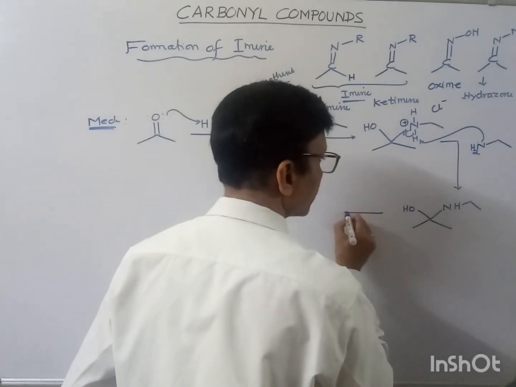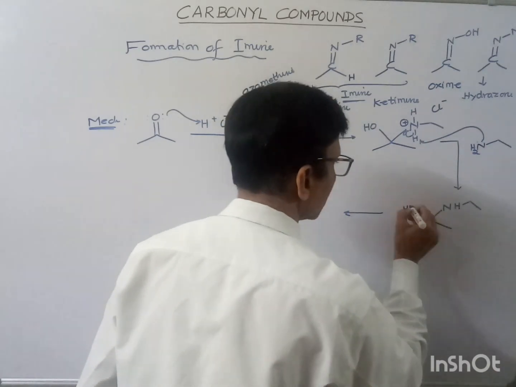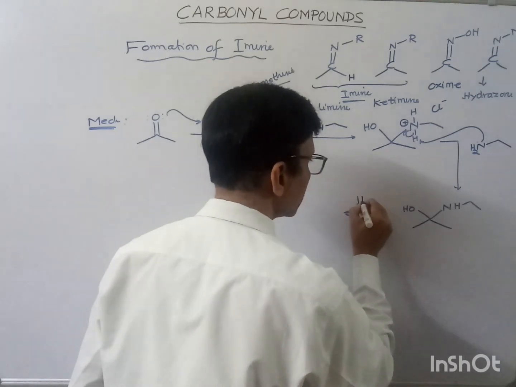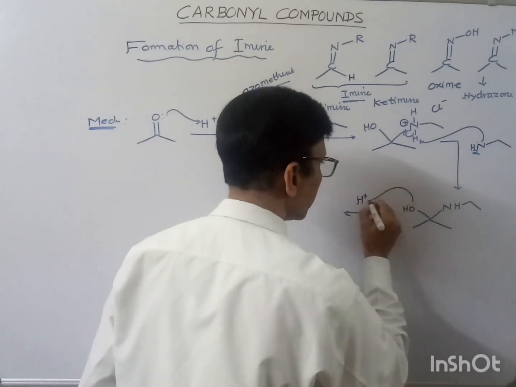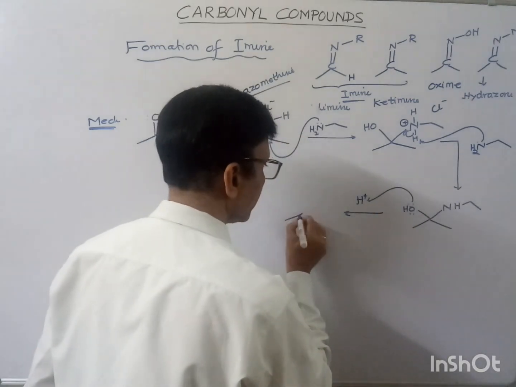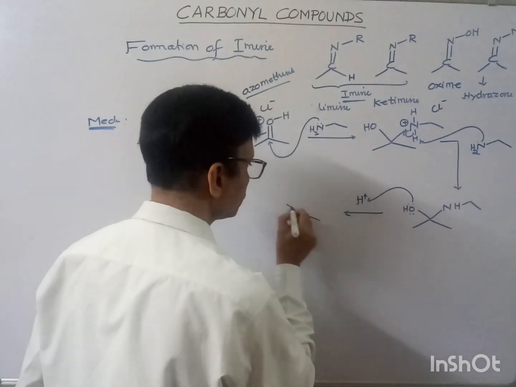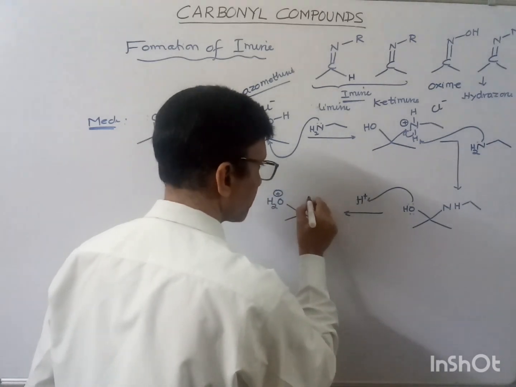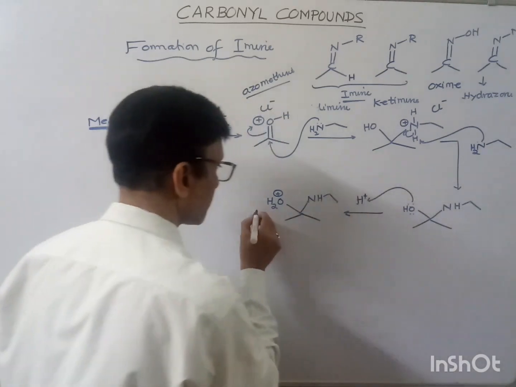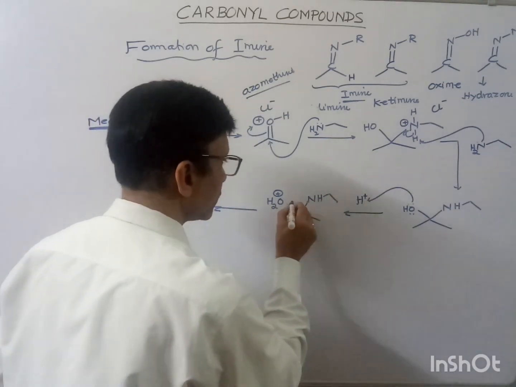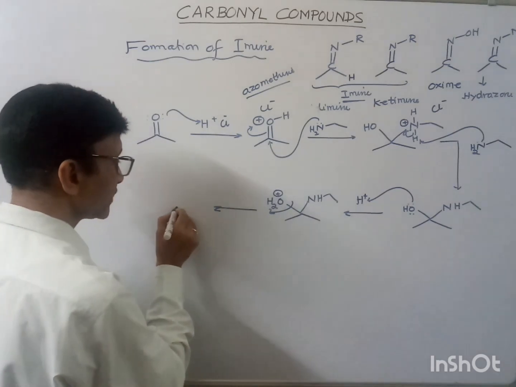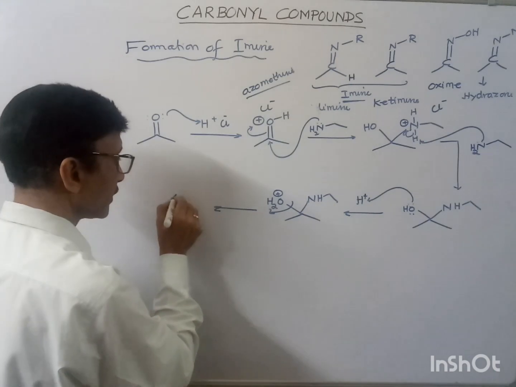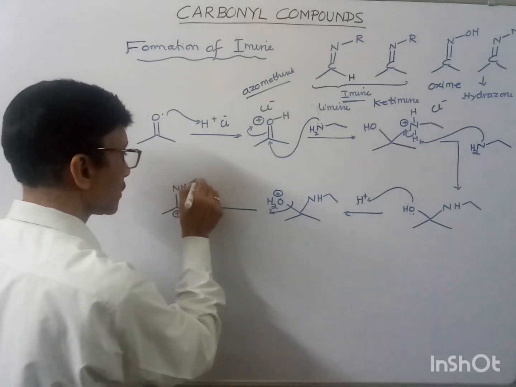Now in the next one, this acid is present in the reaction mixture. So this acid will protonate this one, and then elimination of H2O will take place, and positive charge will generate over here, and we have NH.